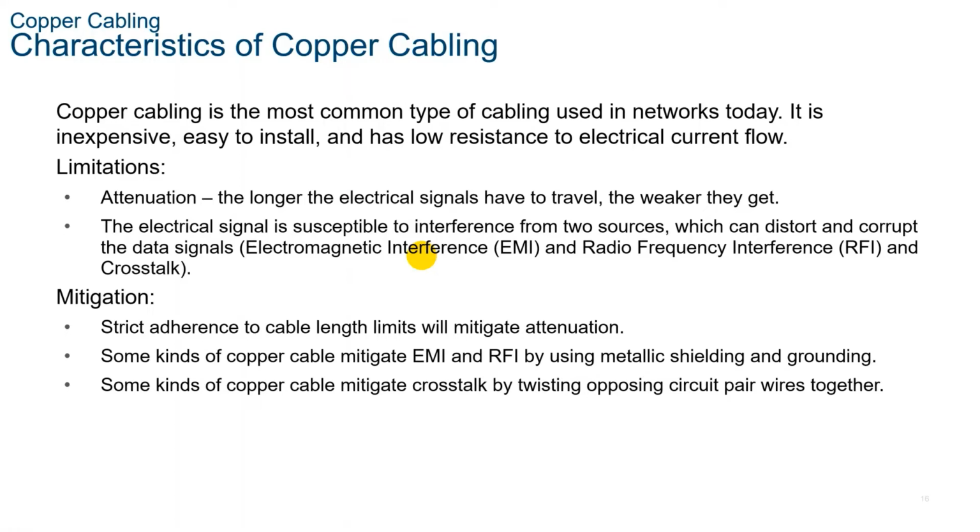There are three different types of copper cabling, each used in specific situations. Networks use copper media because it is inexpensive, easy to install, and has low resistance to electrical current. However, copper media is limited by distance and signal interference.